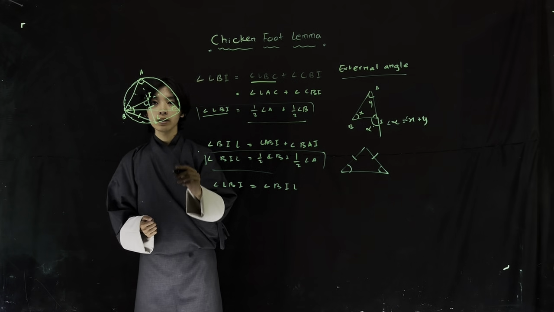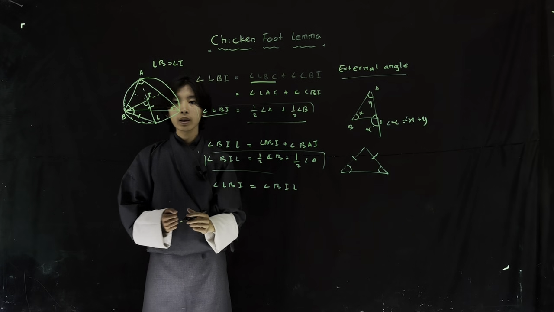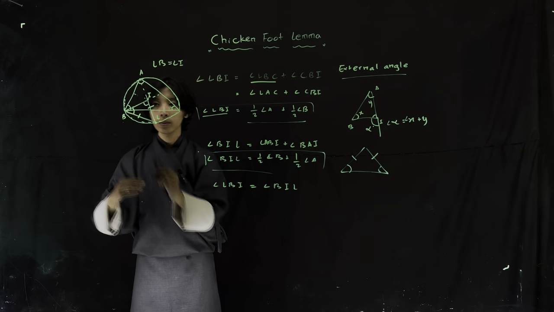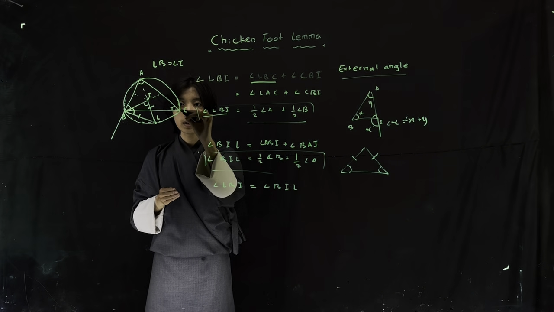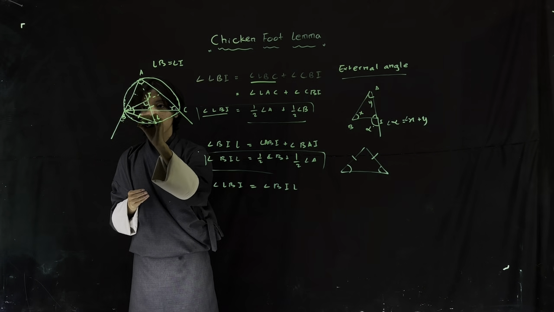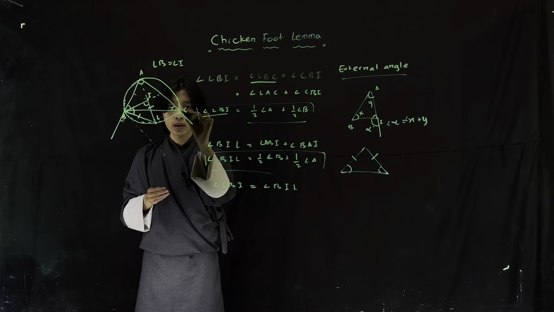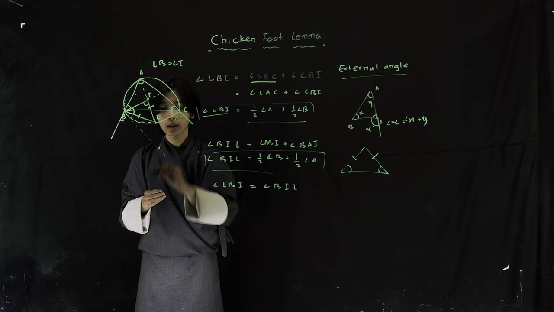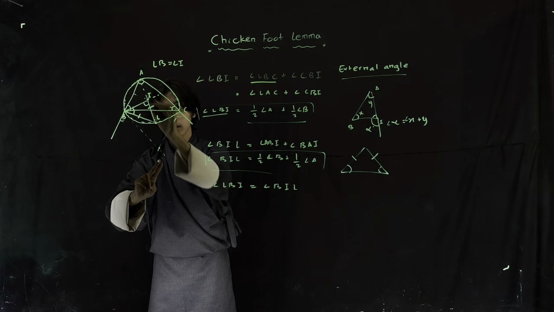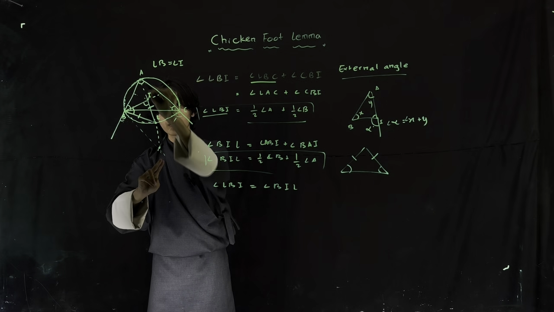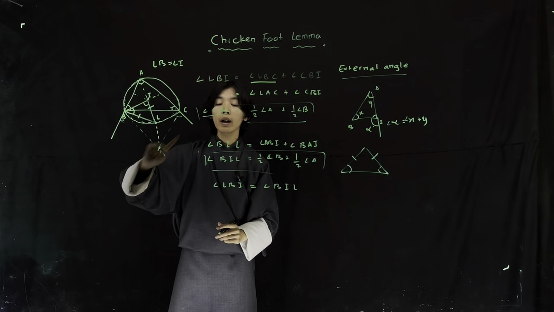So we have established the relationship that LB is equal to LI. Now we can extend side AB, and do the same for side AC. For these external angles, if we bisect them, then there comes an intersection. And if we extend the angle bisector of angle A, we can see that there's an intersection, which is the excenter.